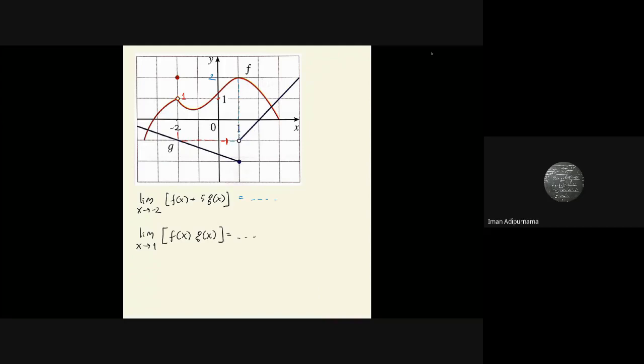For g, it is around -1, and you can simply use it.